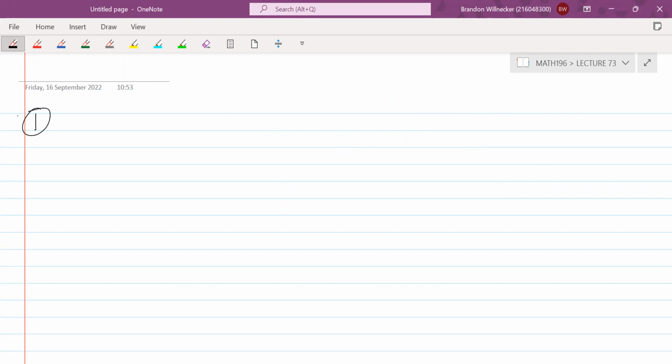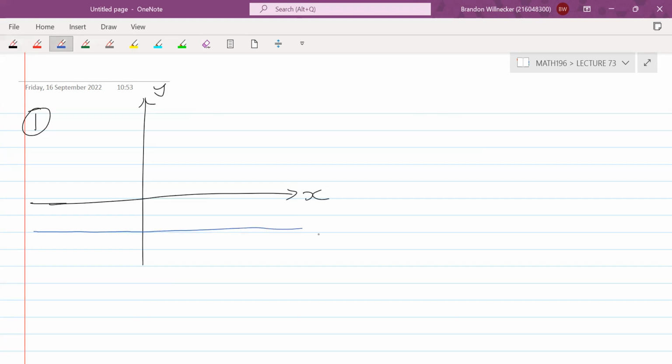So for a parabola, we have the following definition. If this is our XY plane, and we've got a directrix line, we called it L last time, and we've got a focus F, then the parabola fits in something like this.